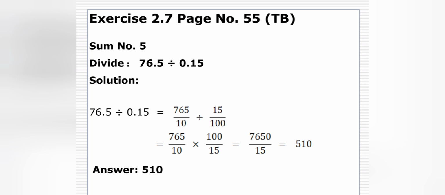Now what is the next step? 765 upon 10 multiplied by 100 upon 15, which gives us 7650 upon 15, and the answer is 510. Children, is it very simple?